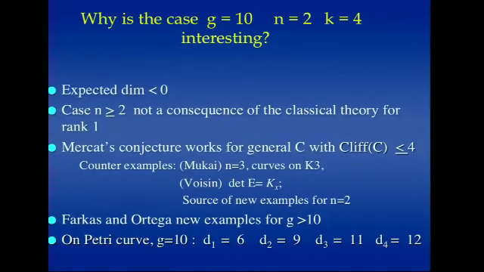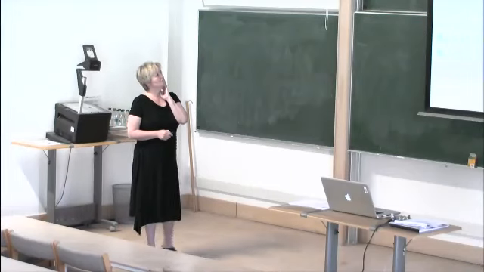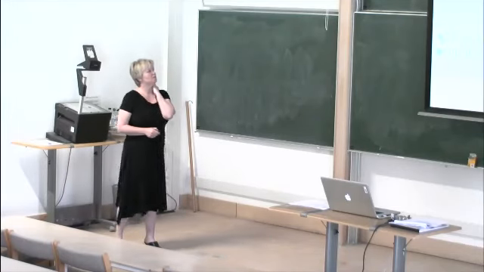First of all, the expected dimension is smaller than 0, so you expect that bundles like this will not exist, at least stable bundles. We already showed that the case when rank is bigger than 2, especially with the new examples around genus 10, is not a consequence of the classical Brill-Noether, so you will be producing something new.